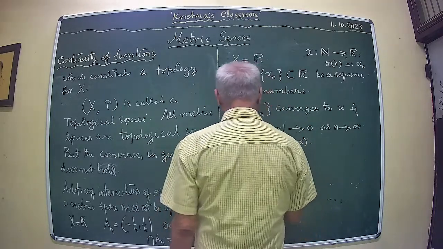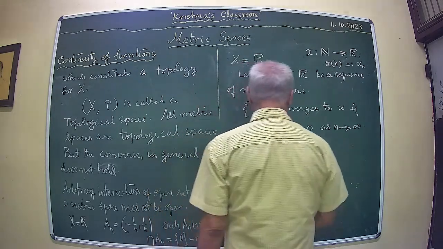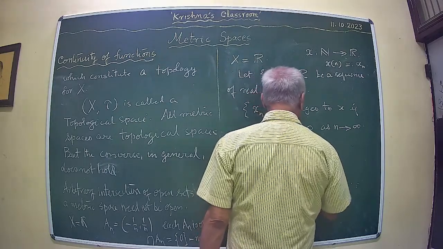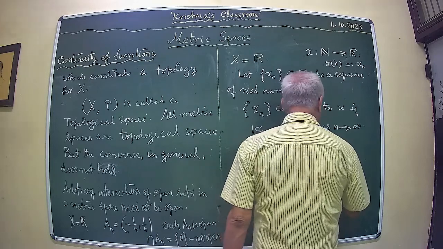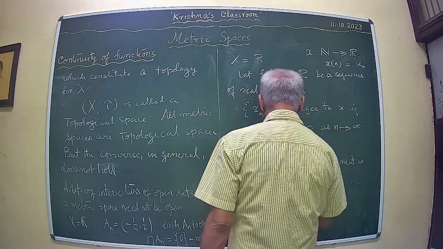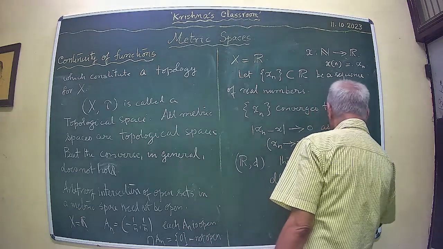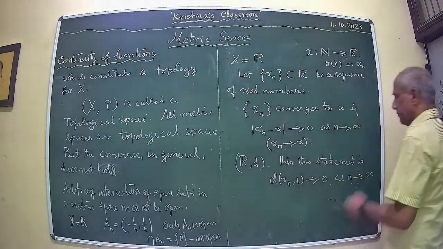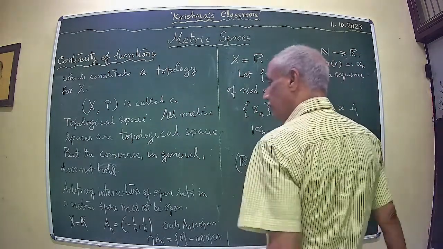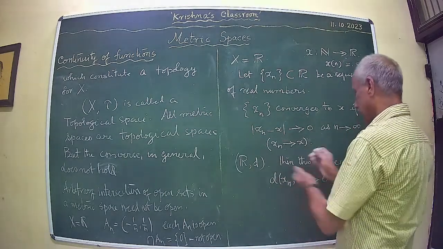So if you take R with the usual d, then this statement says d(x_n, x) goes to 0 as n tends to infinity. Then we say that x_n converges to x. This is a recasting of the whole concept in terms of d.